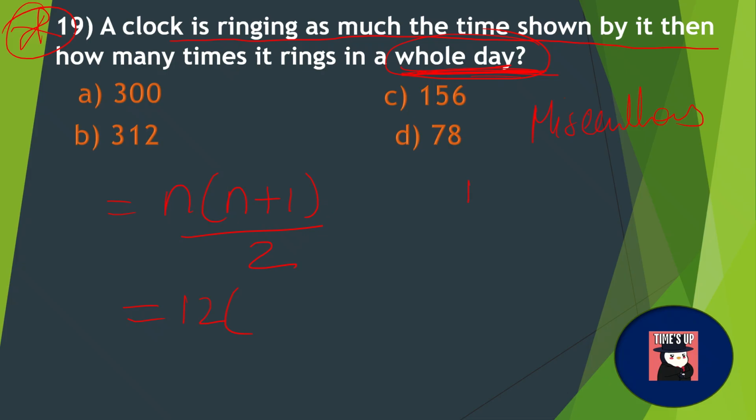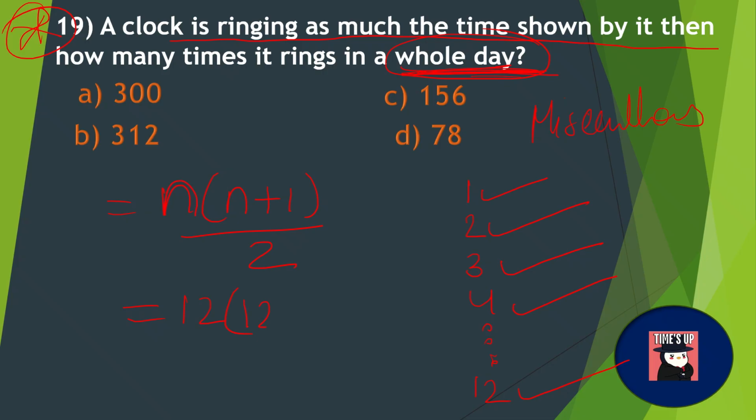So 1 hour it will ring 1 time, 2 hour it will ring 2 times, 3 hour it will ring 3 times, 4 hour it will ring 4 times, so on till 12 hours it will ring 12. Correct? So n here is 12.